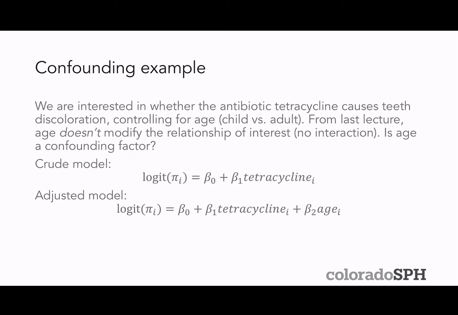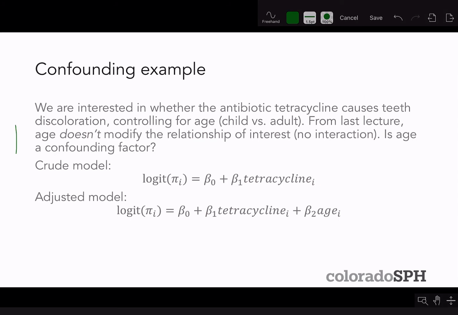So let's go through an example of confounding. We're back to the tetracycline and teeth discoloration example, where we're interested in whether tetracycline causes teeth discoloration, controlling for age. In this case, age is binary: child versus adult. We know that age does not modify the relationship between teeth discoloration and tetracycline, but is it potentially a confounding factor?